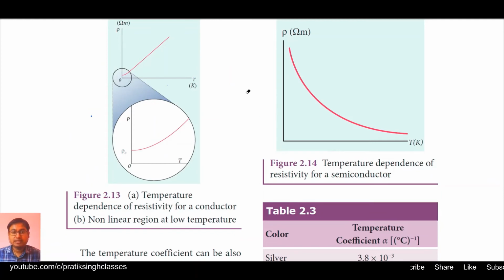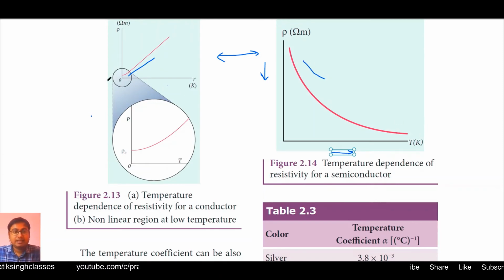You can see in this graph that as the temperature is increasing, the resistivity is decreasing. This is for semiconductors or thermistors. Just compare these two graphs, figure 2.14 and figure 2.13. This is the alpha value for conductors and this is the alpha value for semiconductors.